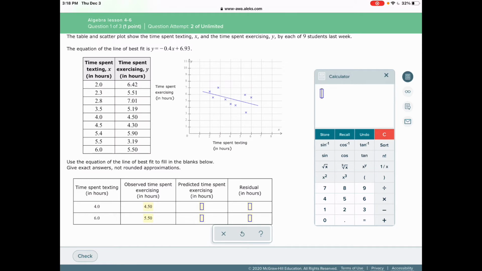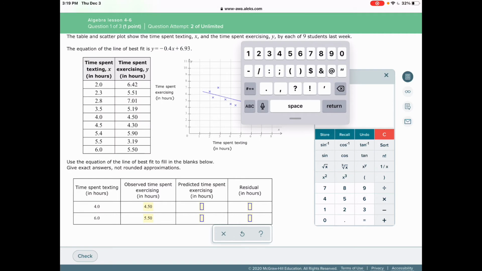So I have negative 0.4 times 4 for our first problem, plus 6.93. 6.93 is our y-intercept, our starting amount. That would be how much we expect that the students are going to exercise if they don't text at all. Okay, so I'm going to hit enter. 5.33 is what I'm predicting based on my equation.